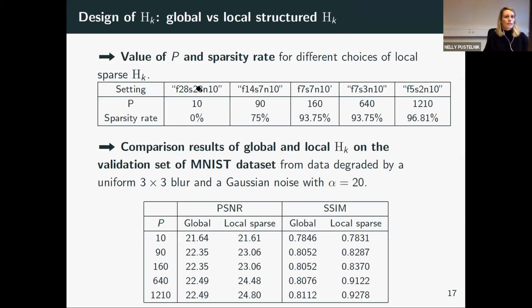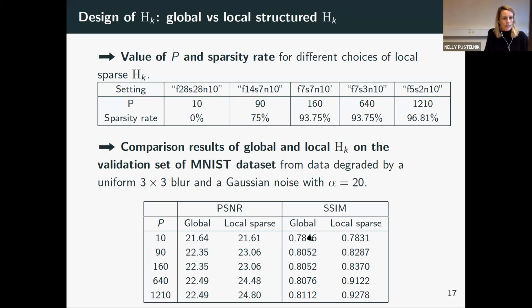So here are different kinds of filter. This is the dense matrix, and this is some block sparse matrix. And here are the associated performances. We can see that the more rows you have in your H, the better the performance.